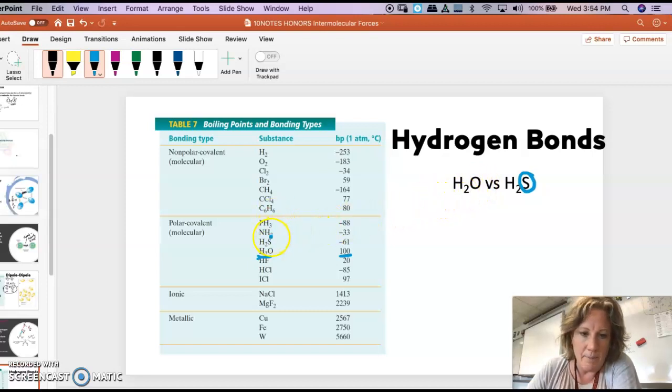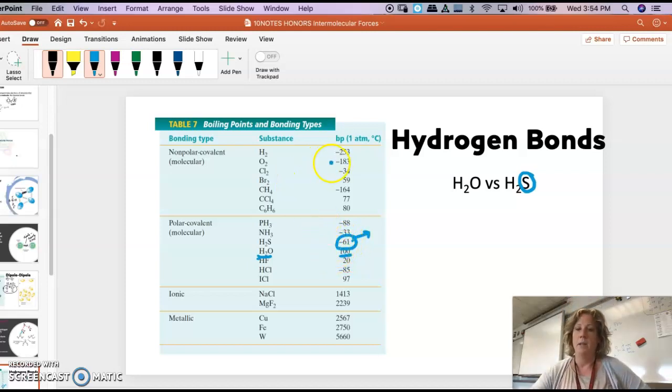So hydrogen sulfide boils at negative 61 Celsius. You're never going to find that as a liquid on Earth normally. Versus water, it boils at 100, so we see it as liquid water on Earth all the time. So if it were not for the hydrogen bonding in the water, it would be a gas.